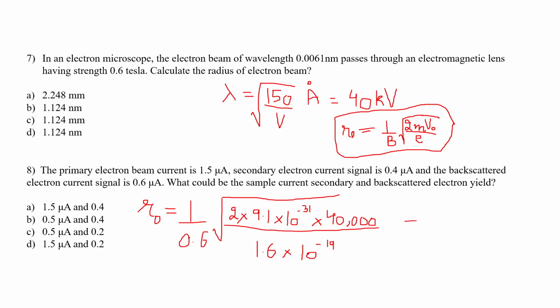So after solving these under root terms, you will get 1 divided by 0.6 into 674.5 into 10 raised to the power minus 6.